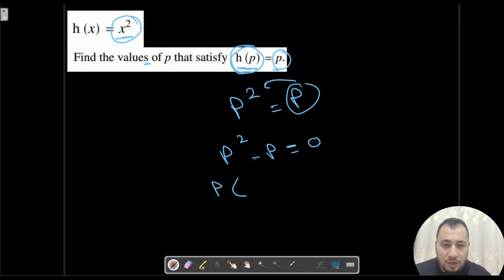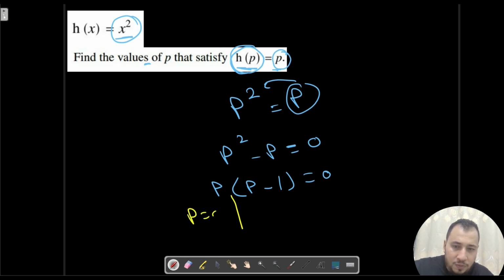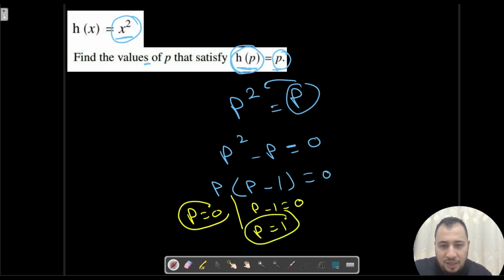Common factor means division, if you don't know this concept. So p squared divided by p is p, minus p divided by p is 1. All of that equals 0. And as usual, either p equals 0 or p minus 1 equals 0, so p can equal 1. These are the two values of p.